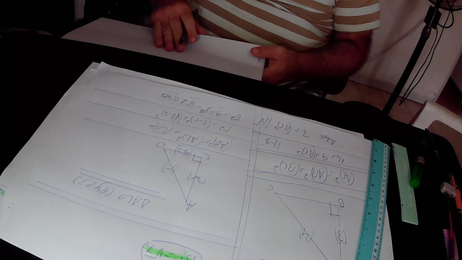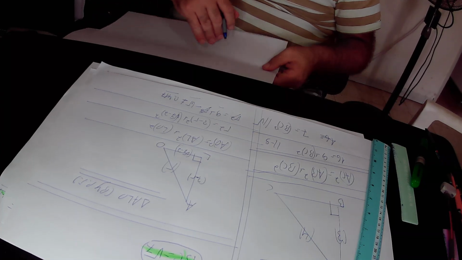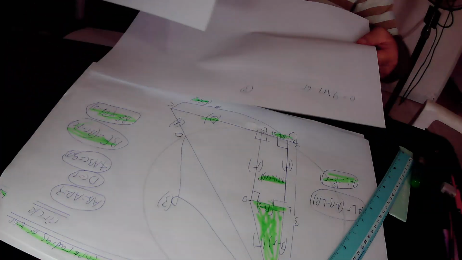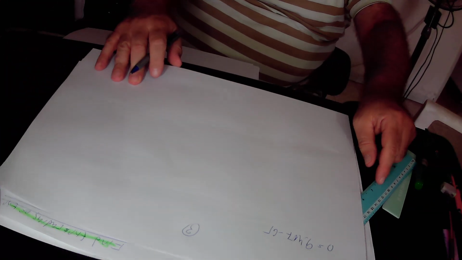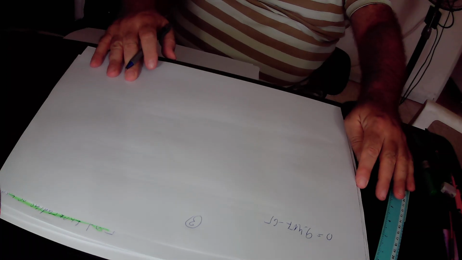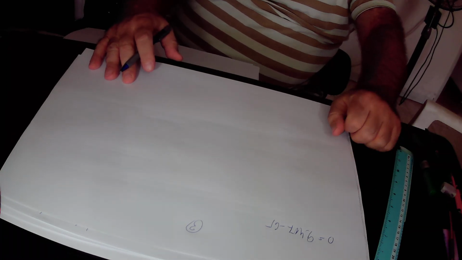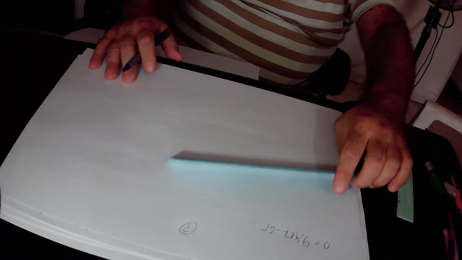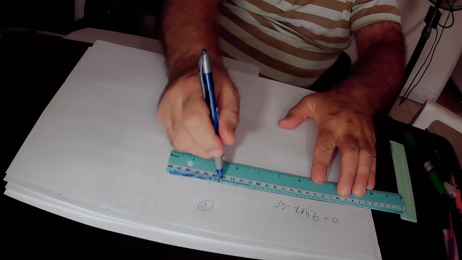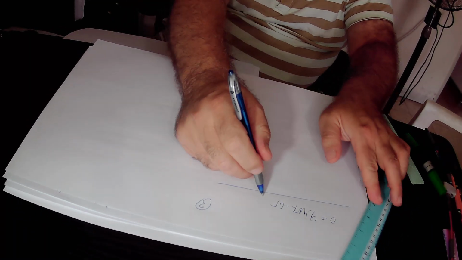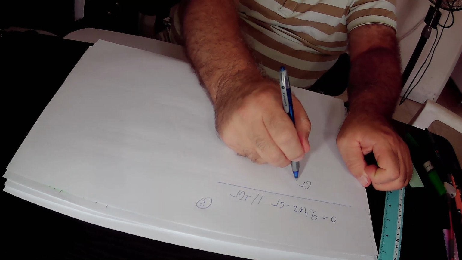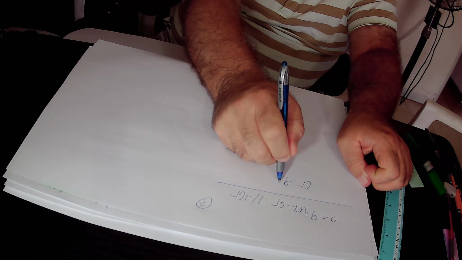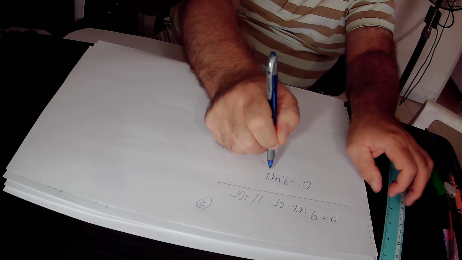So in total we should find out that zero equals 9.417 minus 6R. Here we add 6R to this equation, and we get that 6R equals 9.417.